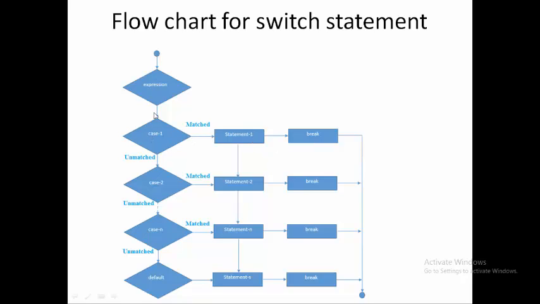If the expression does not match case 1, the controller will check for case 2, and so on up to n cases. If all these cases do not match, then the default statement will be executed by the controller.